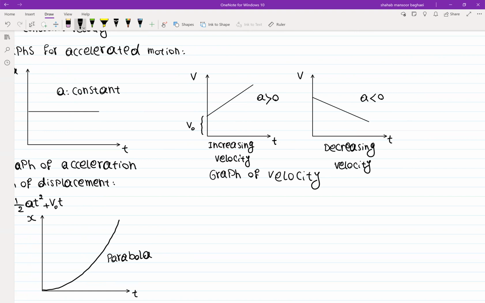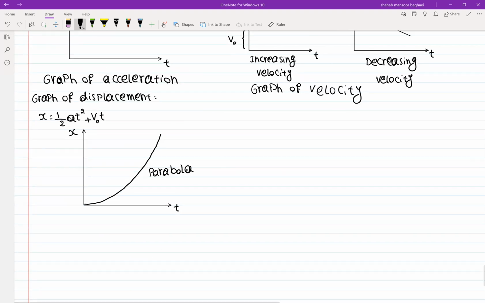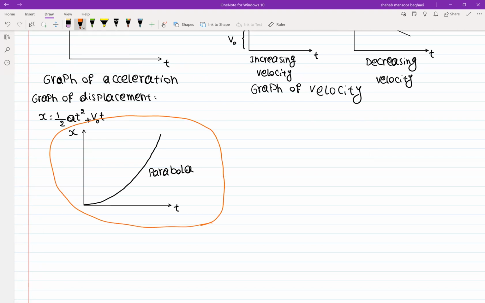If you have increasing velocity, you have an ascending graph. And if you have decreasing velocity, you should have a descending graph. And the graph of displacement, it's here. That's a curve. It is called parabola.